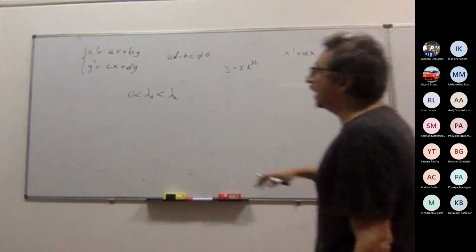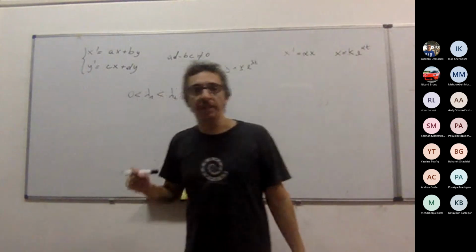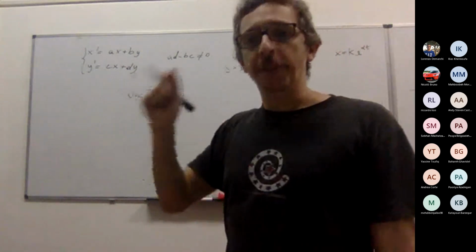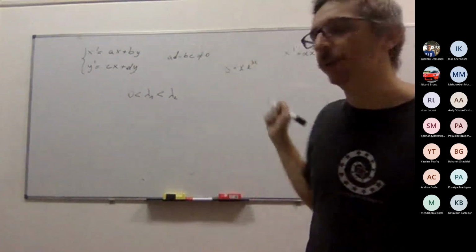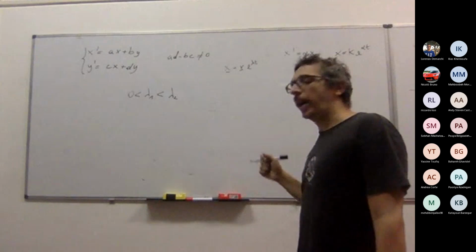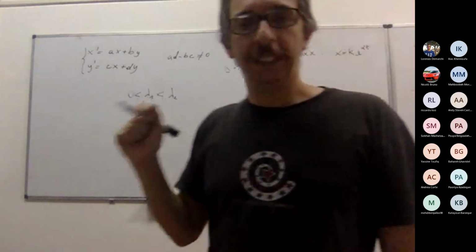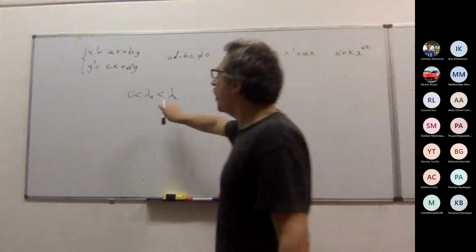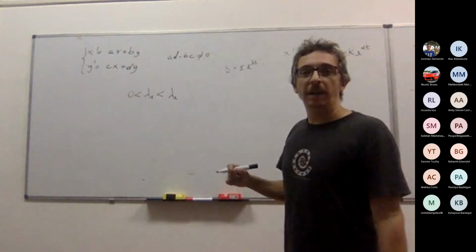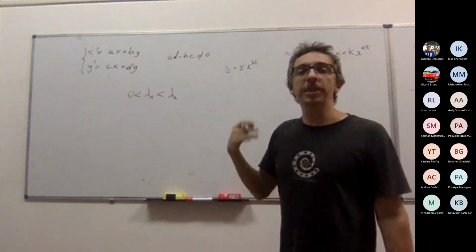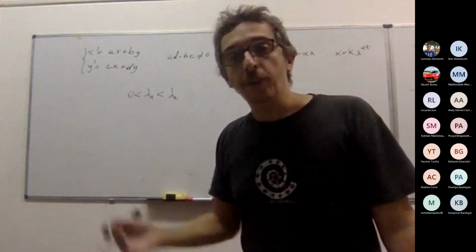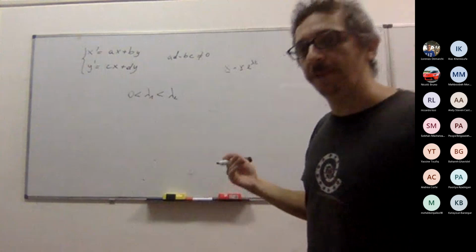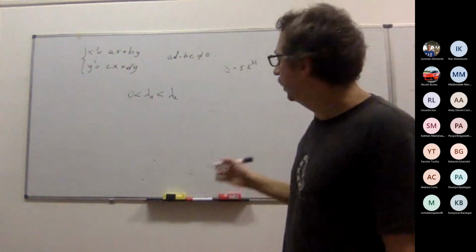Okay. Now the fact that I have 2 distinct eigenvalues for the eigenvalue problem, probably you don't remember this, but again, try to have a look at your previous courses in linear algebra. So if you have 2 distinct eigenvalues, lambda 1 and lambda 2, to this will correspond 2 linearly independent eigenvectors b1 and b2.